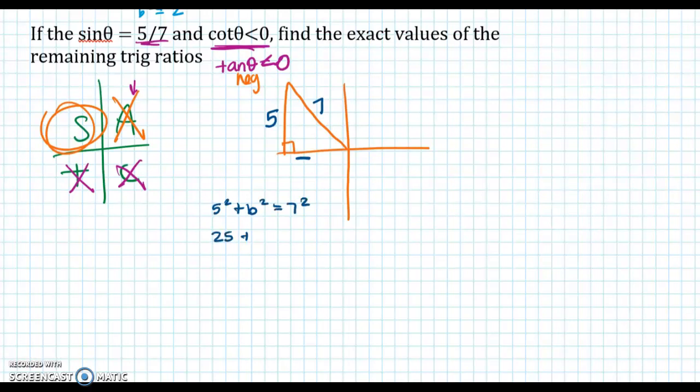So we have 25 plus b squared equals 49. And then 49 minus 25 is 24. And so we can square root 24. We can also reduce the radical, which ends up being 2 root 6. So this is negative 2 root 6.